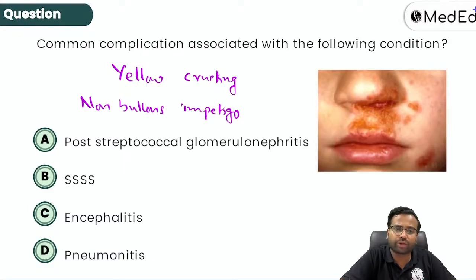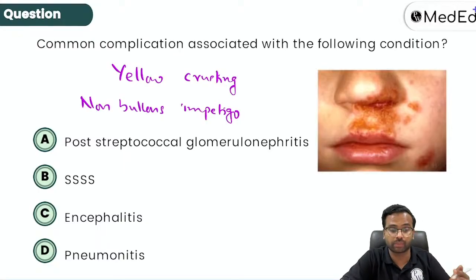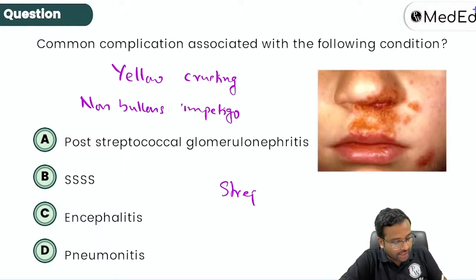Post-streptococcal glomerulonephritis, staphylococcal scalded skin syndrome, encephalitis, pneumonitis. Yes. So here what happens, remember, non-bullous impetigo, which is also called impetigo contagiosum, in these cases Streptococcus is more common than Staphylococcus.